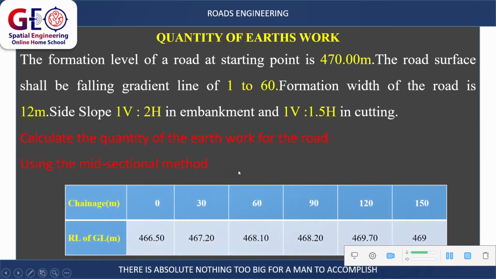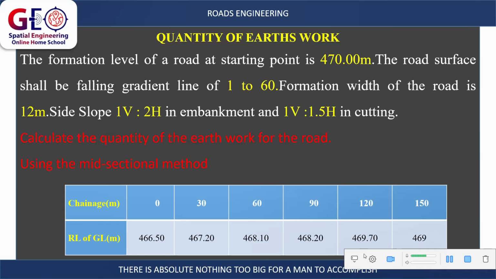Then if we look below, we are going to see a table, and on that table we have the chainage points of the road and the reduced level of the ground level. The chainage goes from 0 to 150, so the length of the road is 150 meters.